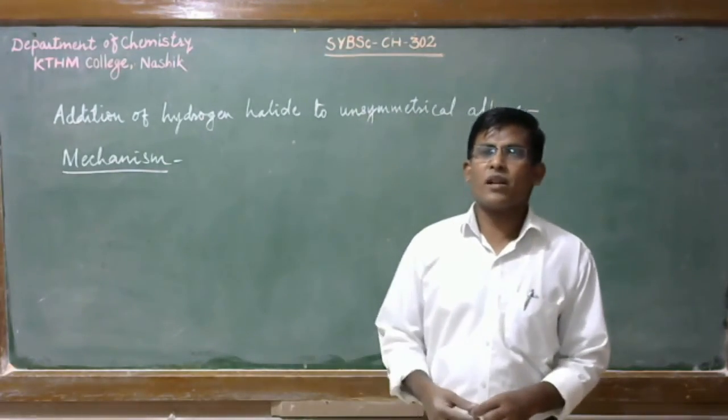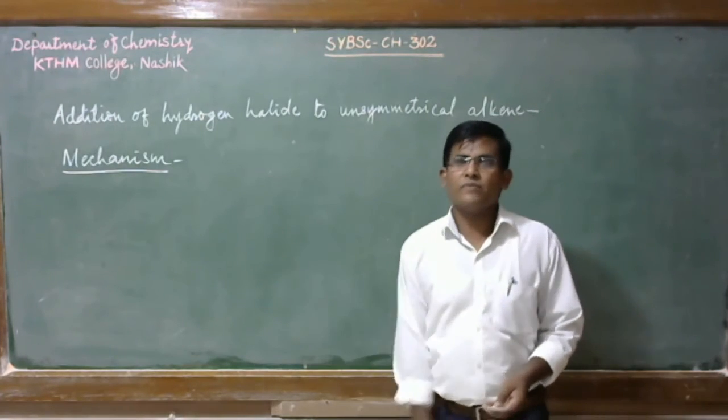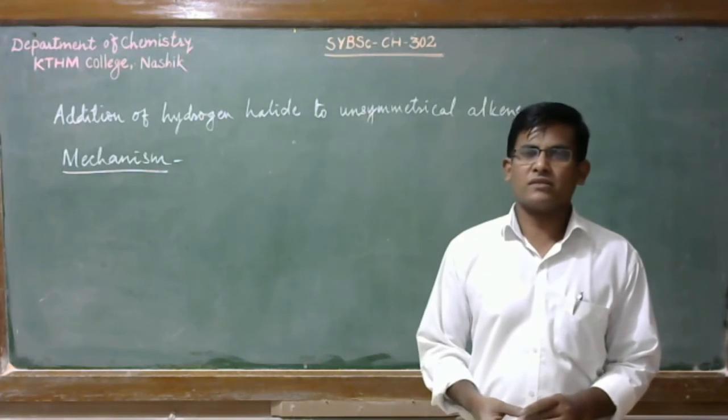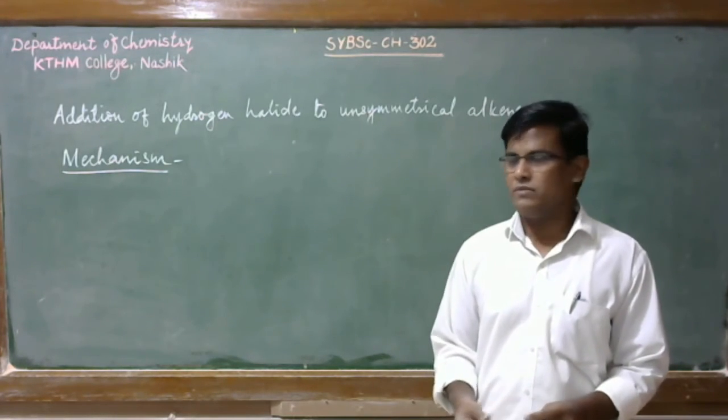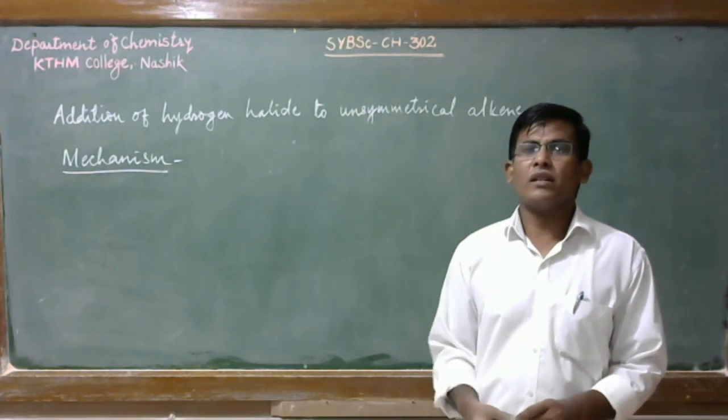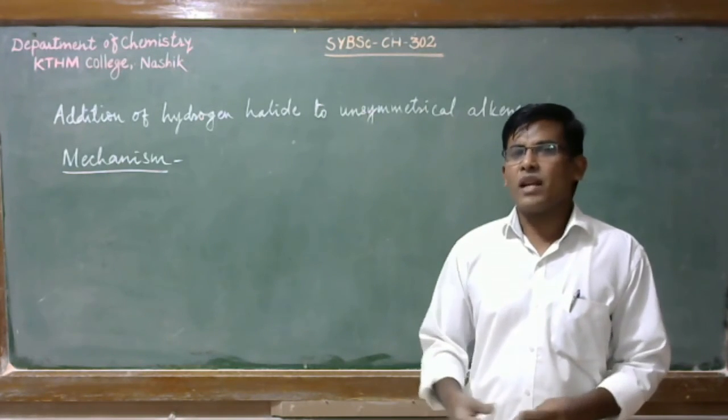In the presence of peroxide, this mechanism follows the free radical mechanism, and we know the peroxide is unstable, so it can generate free radicals.